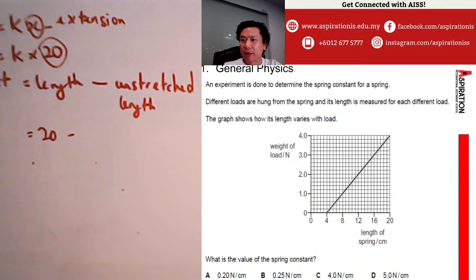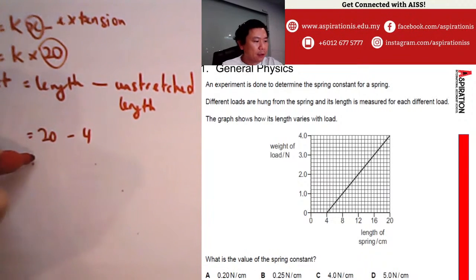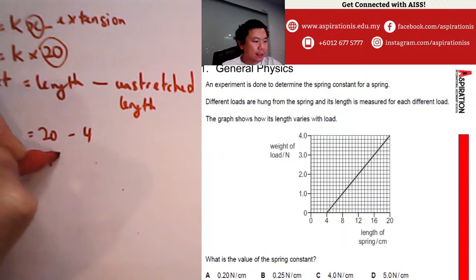What is gradient? Yeah, you are right. You can use the gradient as well. But can you tell me what is the unstretched length? Very good, 4. So it will be 20 minus 4. So the extension is 16.